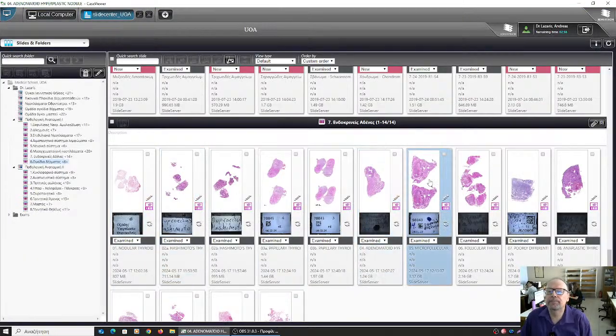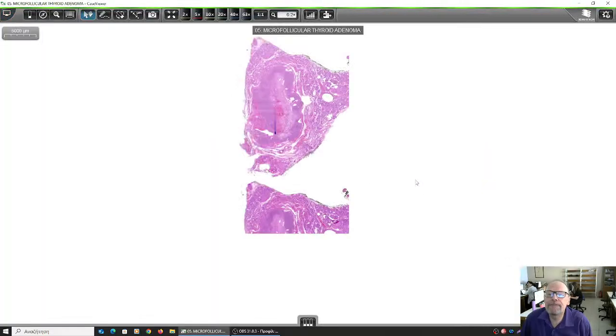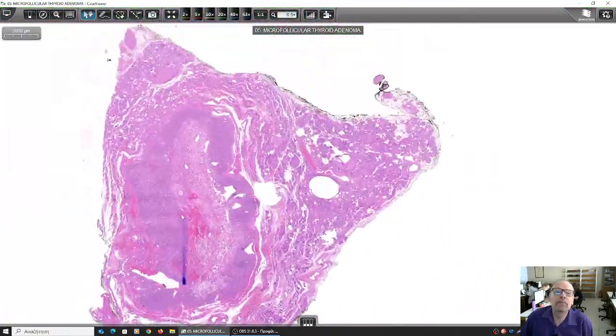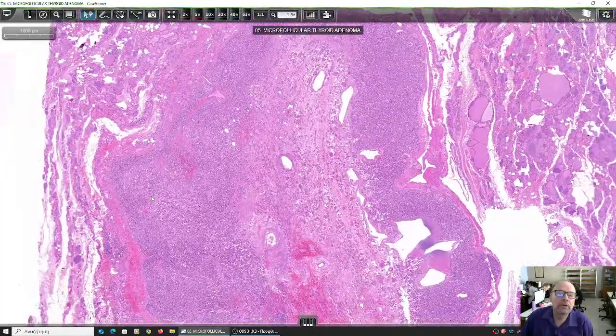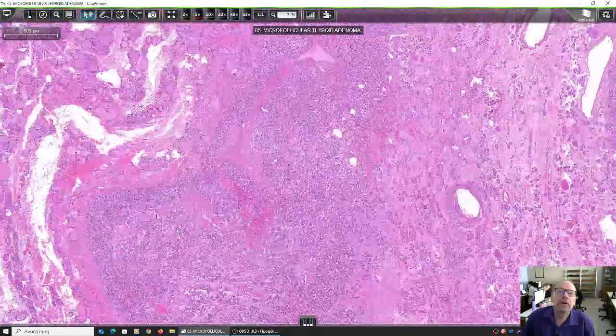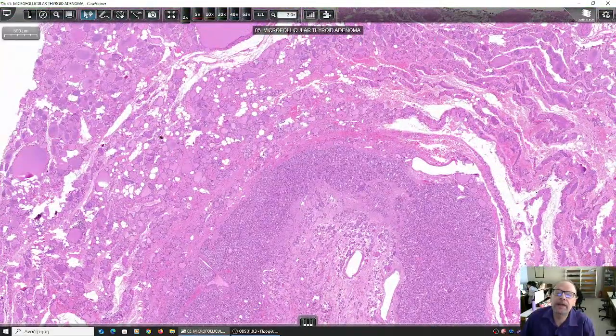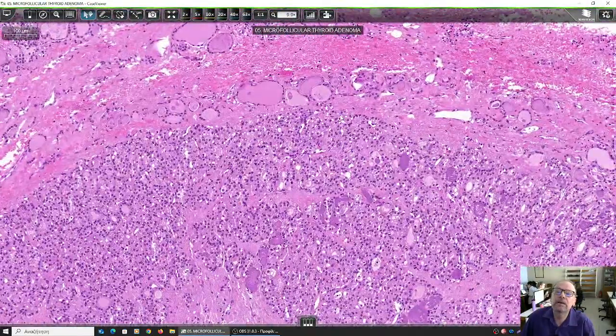If we see a full capsule throughout the tumor, like here, and you see the capsule all around and quite evident. This one, this is the capsule, all right?